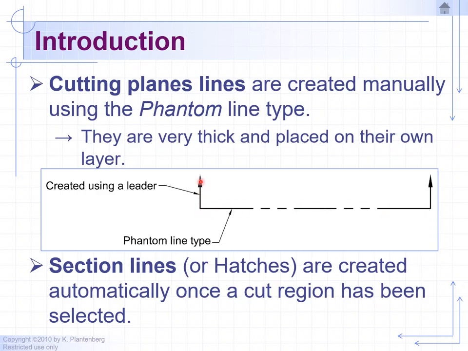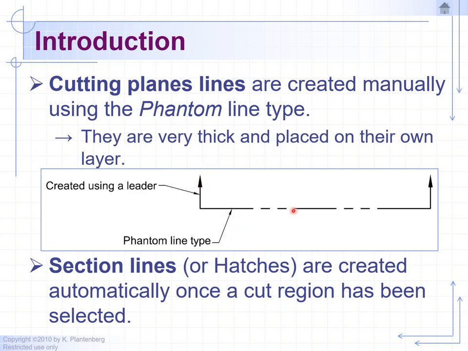Use the line command to draw the leader, and manually draw a triangular shape, or you can use a polyline to create an arrowhead. Unfortunately, AutoCAD does not have an arrowhead command like other software. You're going to have to manually draw one, and I'll show you how to do that in the assignments.